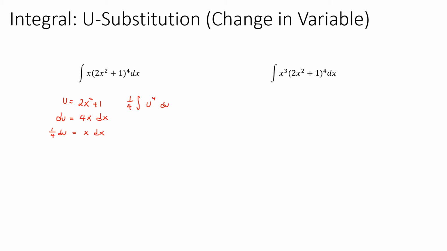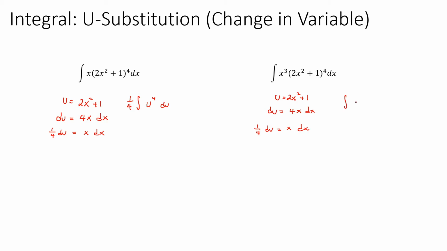On the right side is a little different. If you set u equal to 2x squared plus 1, your du will be 4x dx, and the same as the other one, 1/4 of du will equal x dx.